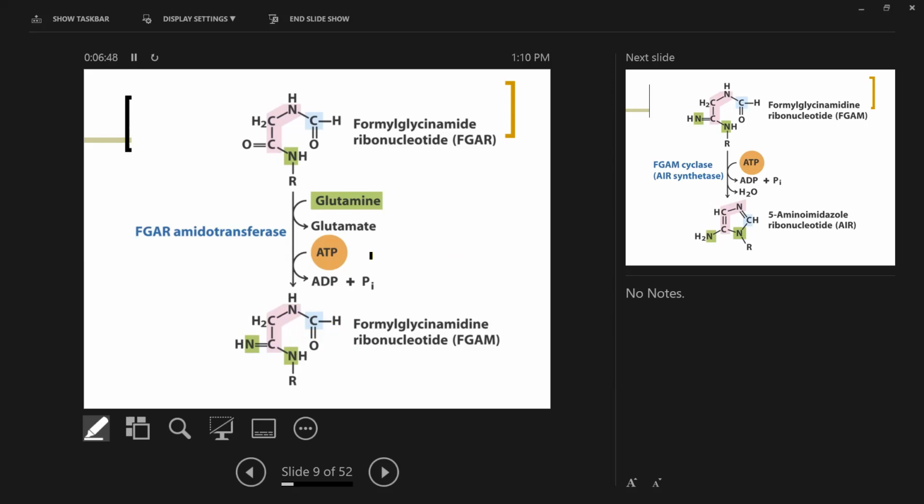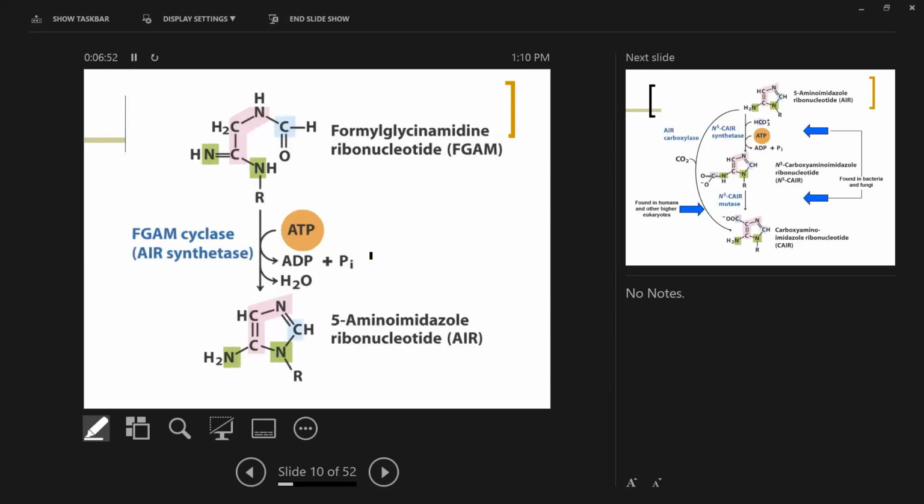You're going to draw out a water. In doing so, you'll also need an ATP. And that will make 5-aminoimidazole ribonucleotide, or AIR. This is the FGAM cyclase, otherwise known as AIR synthetase.